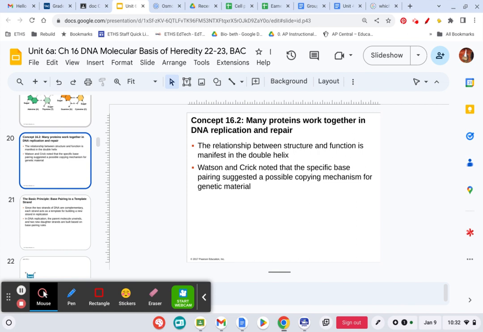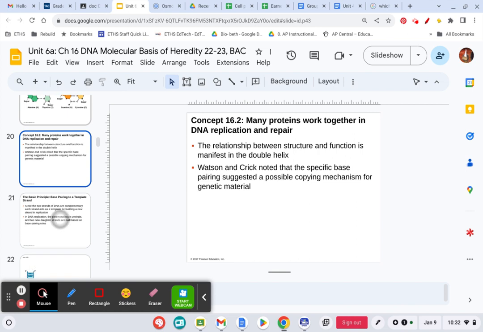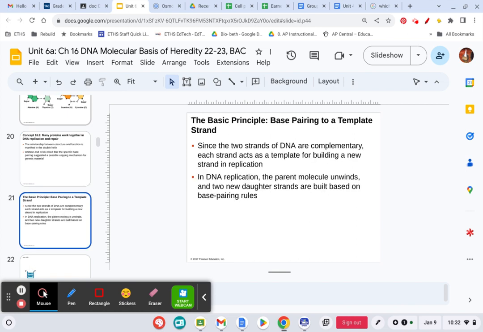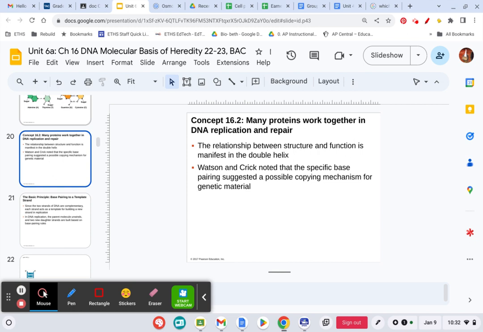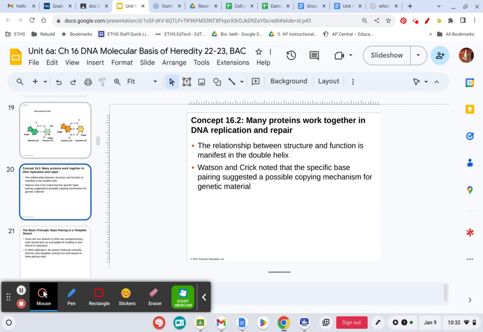All right, so concept 16.6. Let me just see where this is going. Come on. Okay, so most of DNA, its job is to, wait, I'm seeing a different thing on my screen than you're seeing.